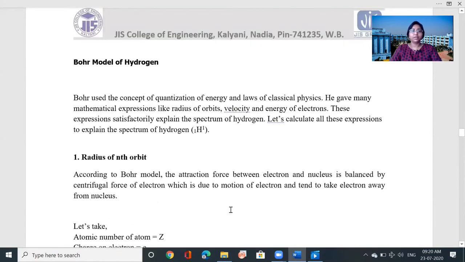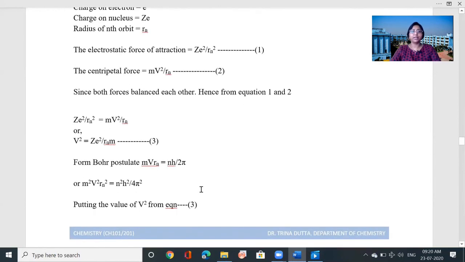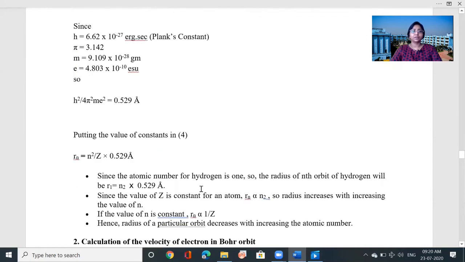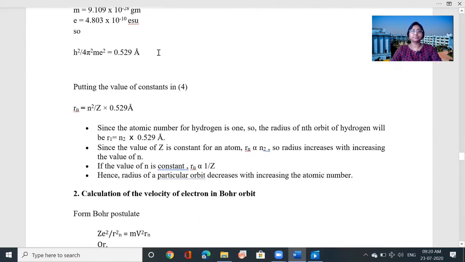Okay, don't worry. I'm showing you the main equation you have to remember. It is a very important equation.